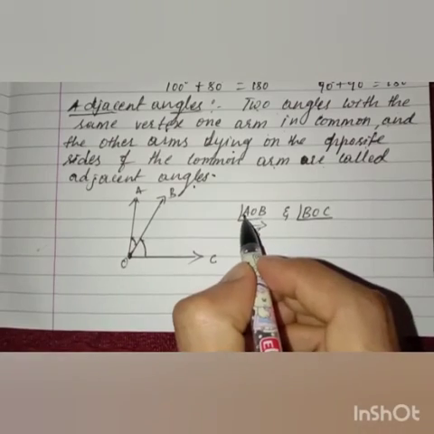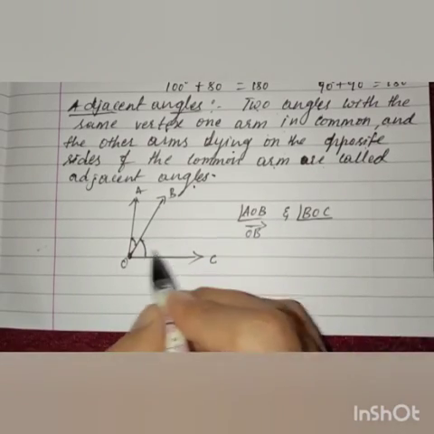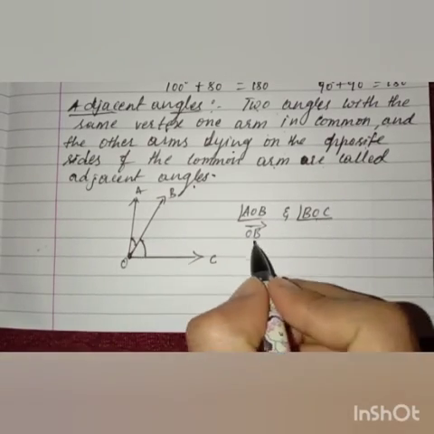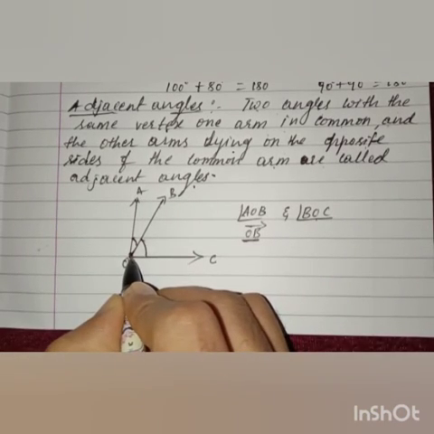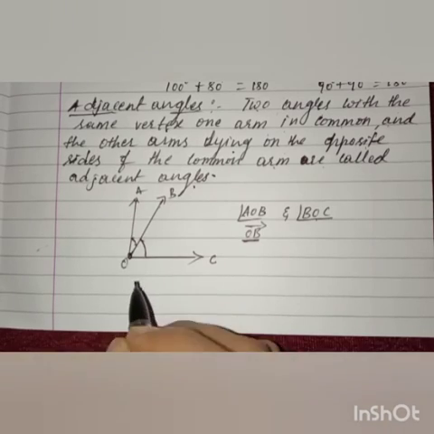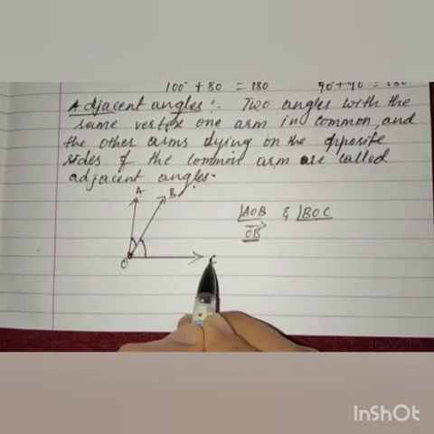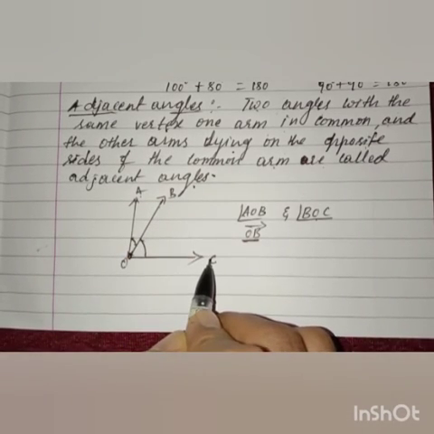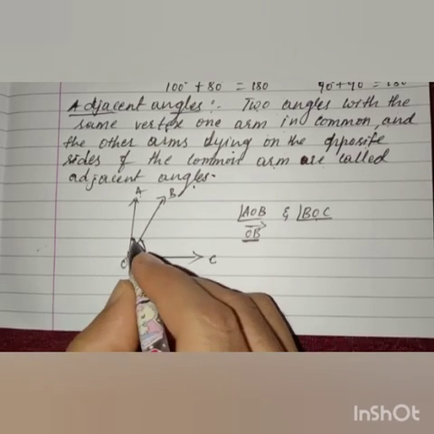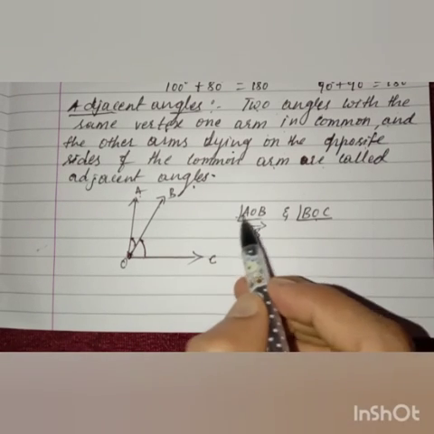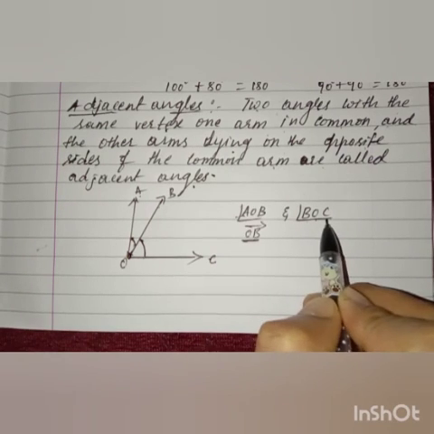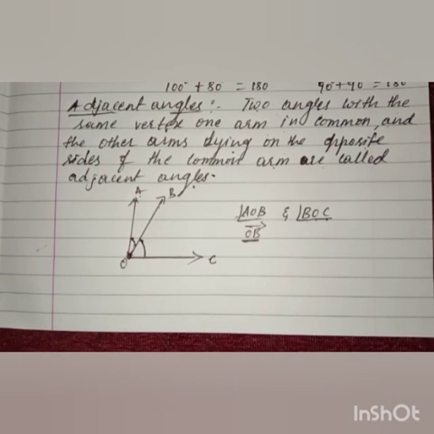Which are the angles? Angle AOB and angle BOC. Both angles have the common arm OB and O is the common vertex. And OA and OC are lying on the opposite sides of the common arm. So these two are called adjacent angles. Got it, children? So angle AOB and BOC are called adjacent angles.